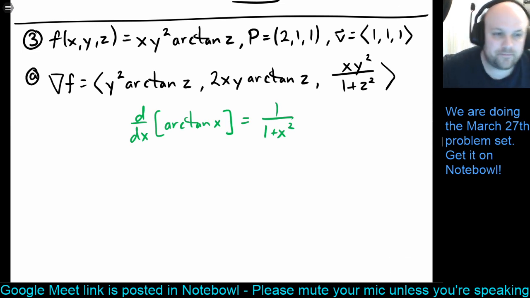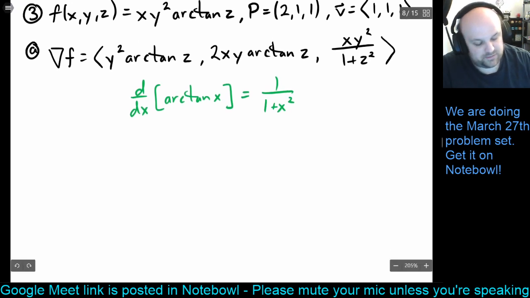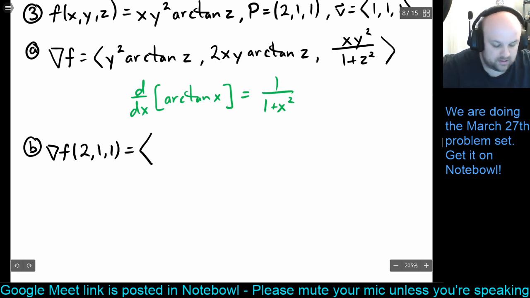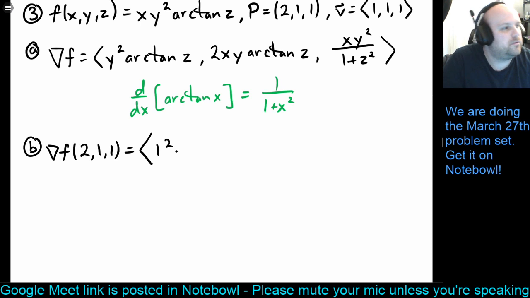All right. So that's it for the first part. The second part, we want to evaluate the gradient at 2, 1, 1. So we get 1 squared. Now, arctangent of 1, anyone can tell me what that is? Of course, you could use Mathematica to get this as well.